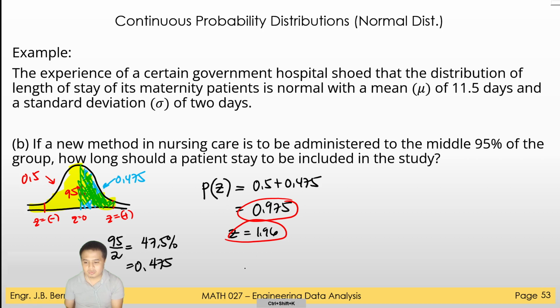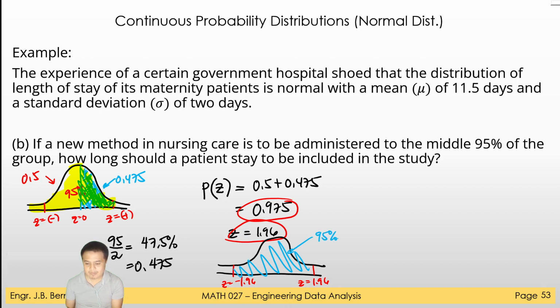Therefore, what that means is that in this standard normal distribution, we have z equal to negative 1.96 here and z equal to 1.96 here, and this is your 95%. Now, what we're looking for is how long the patient should stay to be included in the study.